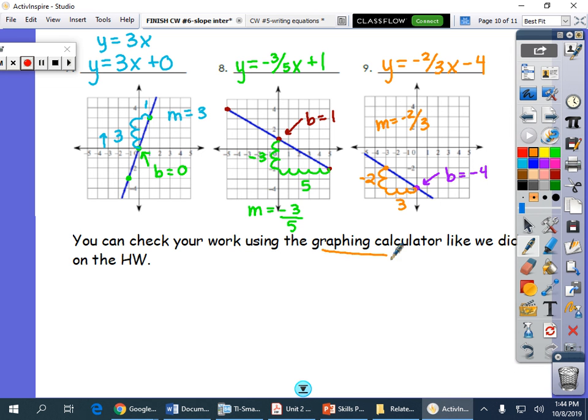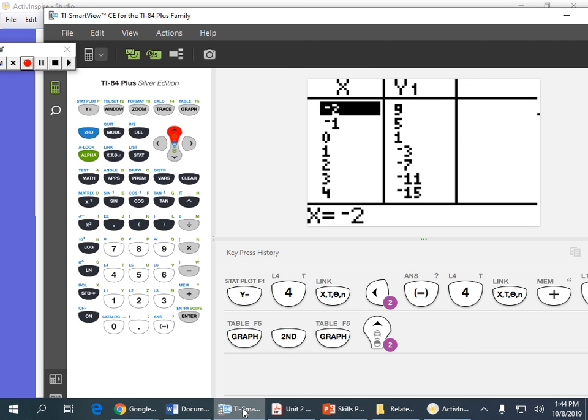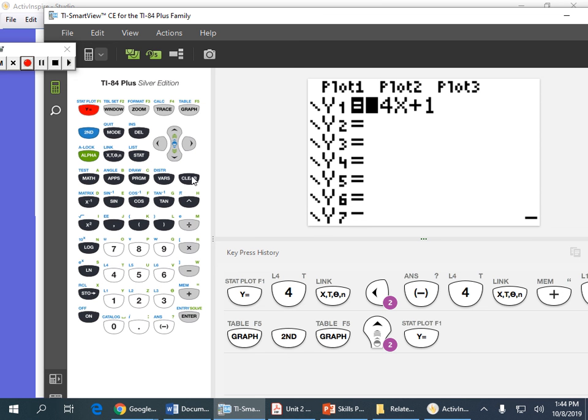Remember, you can always check your work using the graphing calculator. So let's check using, let's say we do number 8. So if I go to my calculator, I go back to y equals, I'll clear this out. Make sure you don't have any other equations in here. If you do, just go ahead and clear those out.